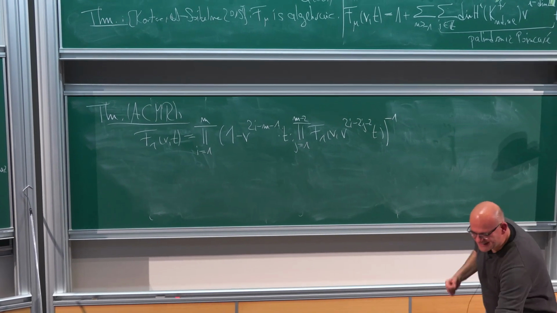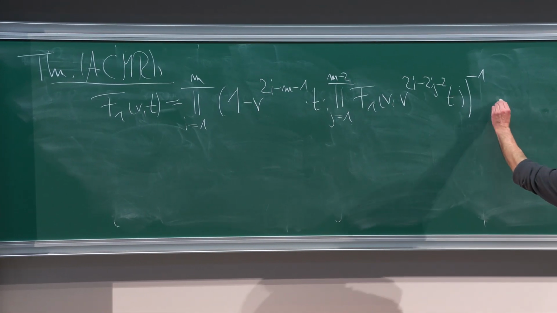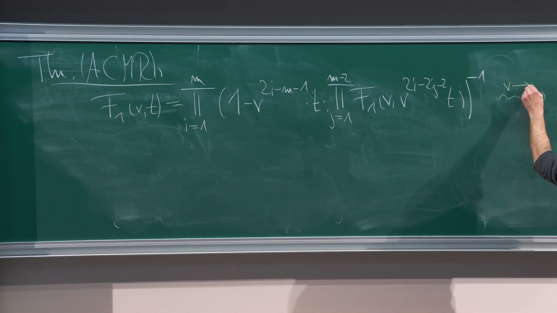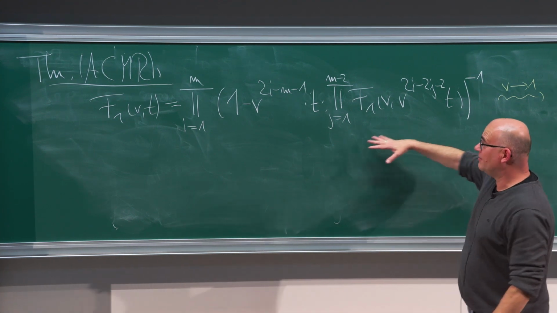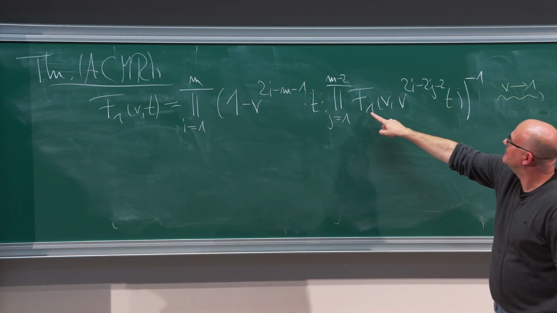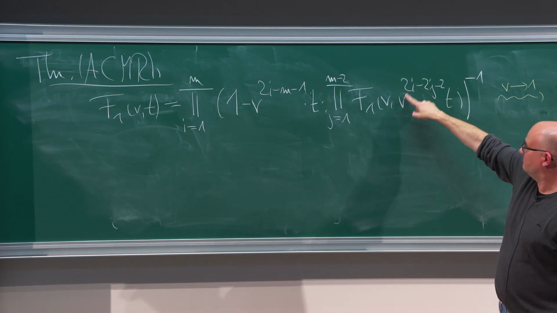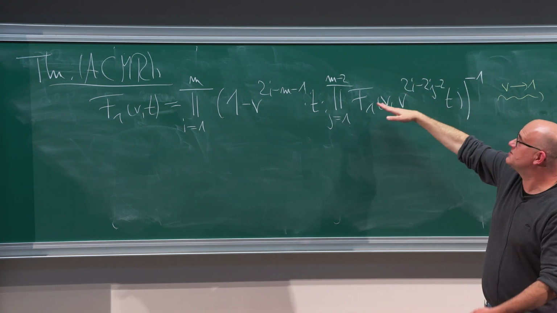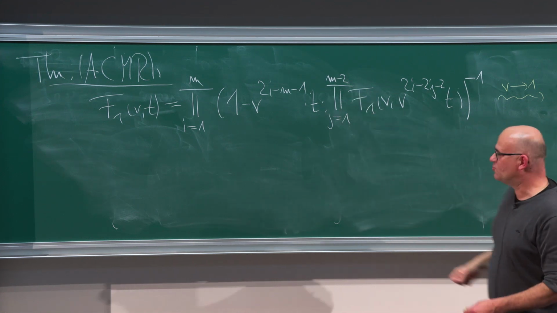Okay, so let's again do a reality check and specialize v to 1 and see that we really specialize to this. So what happens if we specialize v to 1? Well, we don't have to do any complicated limit process. If v goes to 1, this f1 of v to something t just specializes to f1 of 1, t. And then we have m minus 2 copies of that.